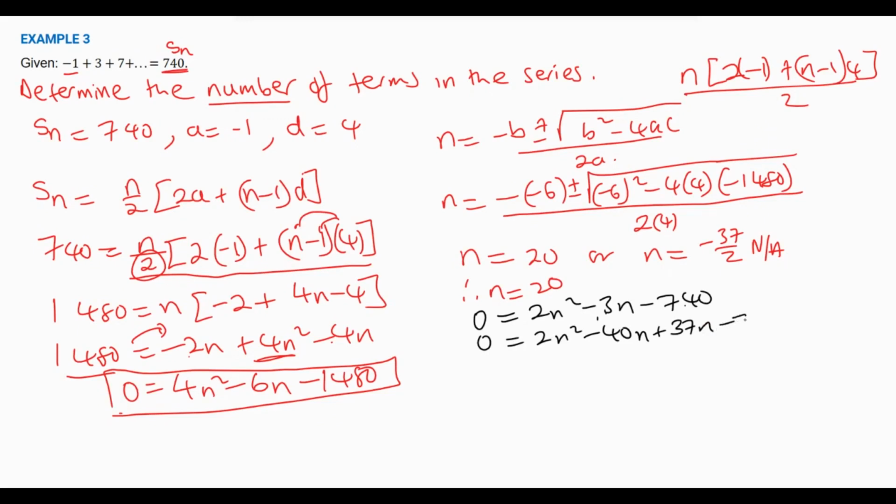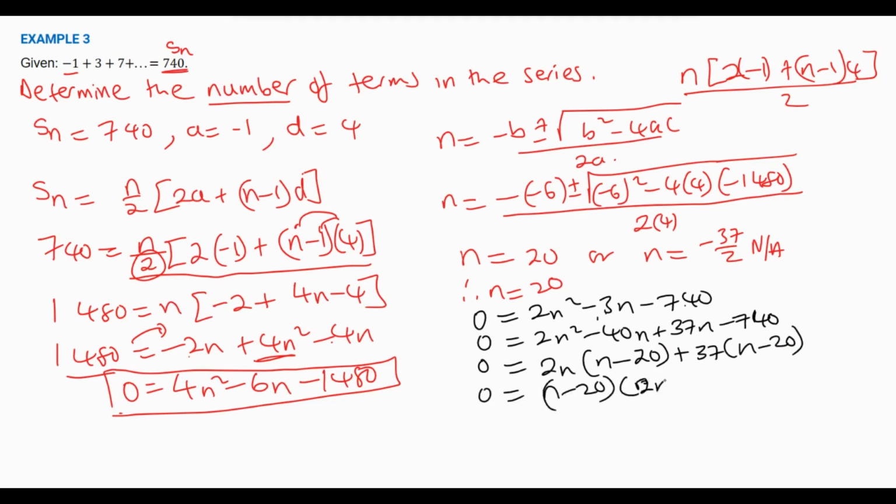Again, here we may be doing things differently, so you know how to factorize your things. You can do it your own way, right? And then 0 is equal to 2n, and then n minus 20, and then plus 37, then n minus 20. Therefore we have 0 is equal to n minus 20 times 2n plus 37.